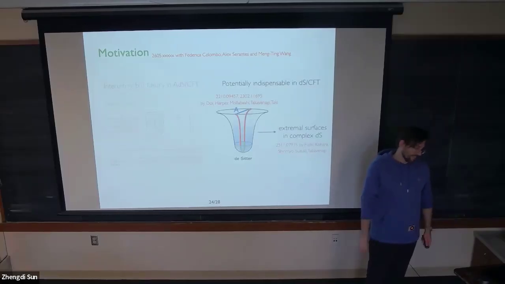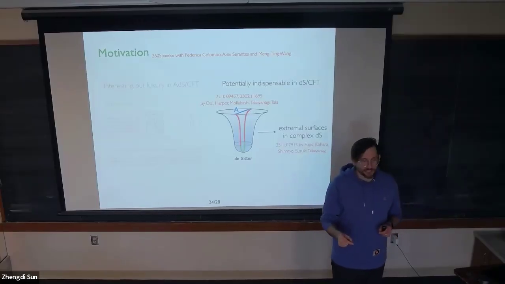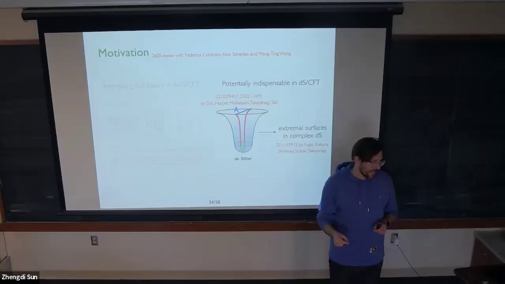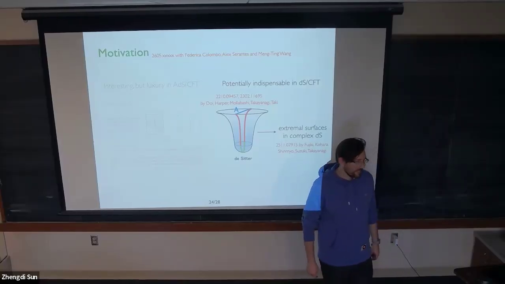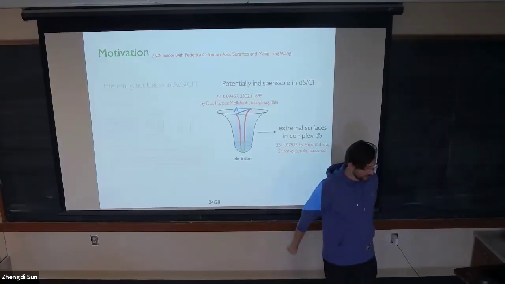But they also had another motivation, which is that if you look at de Sitter spacetimes, in the poorly defined and poorly understood putative dS/CFT correspondence, we try to ask a question about some probes of the bulk spacetime in terms of boundary observables.